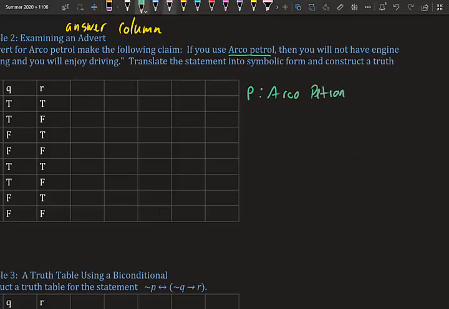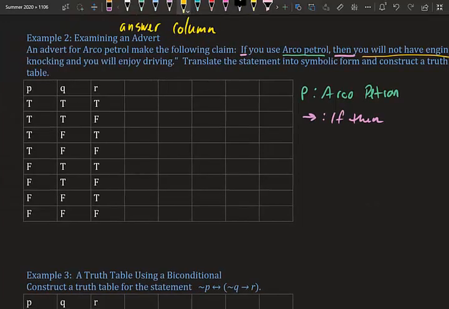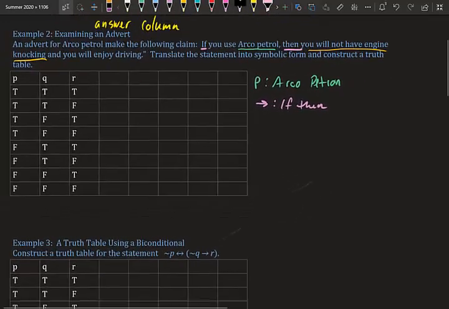We have our connective of if-then. Keep going. You will not have engine knocking. So remember, you always write the positive.